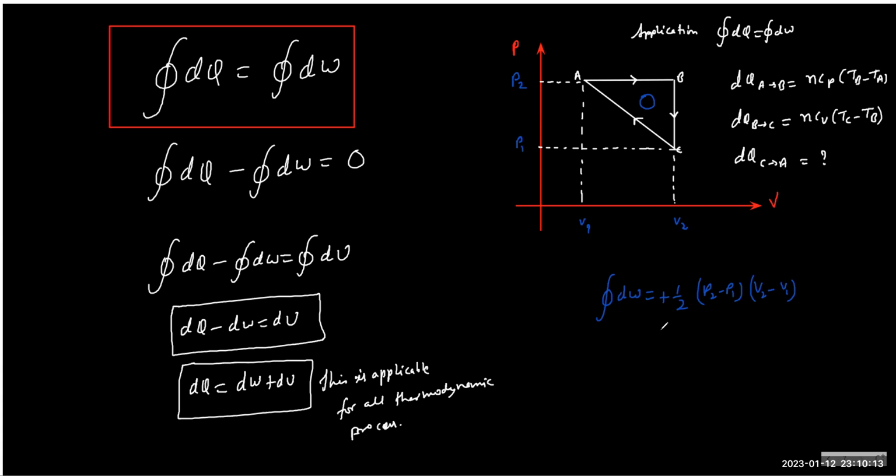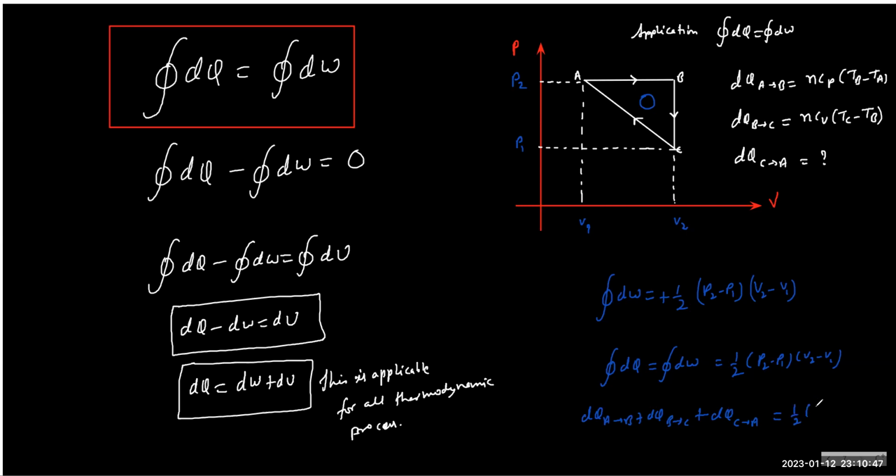And we know one fact that the dQ in a cyclic process is the same as the dW in a cyclic process. The RHS is easy to find. And the LHS I can break into three steps. I can add dQ A to B, dQ B to C. Of course, you can add delta Q, but I always prefer to write dQ in element form, because sometimes you need to integrate as well.